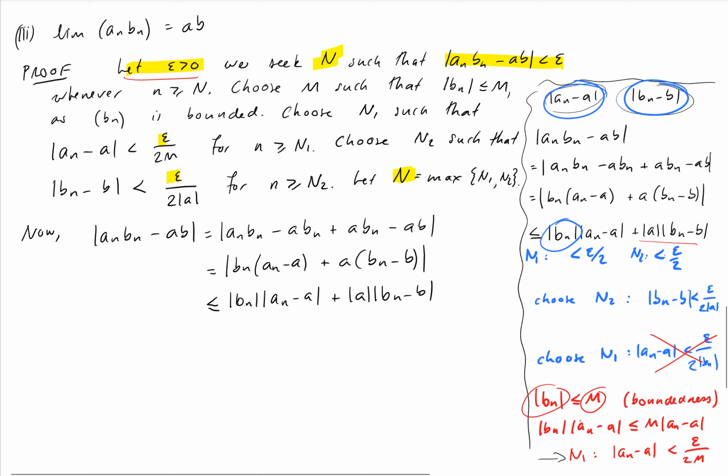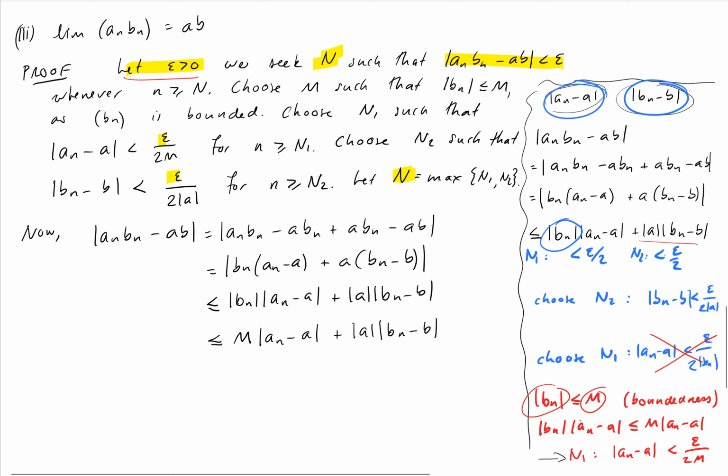Now we can say that's less than or equal to m times absolute value of a_n minus a, plus, I'll just leave that one intact, absolute value of a times absolute value of b_n minus b.